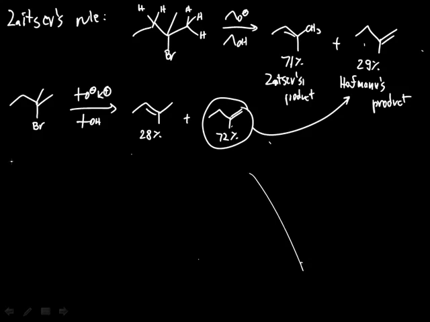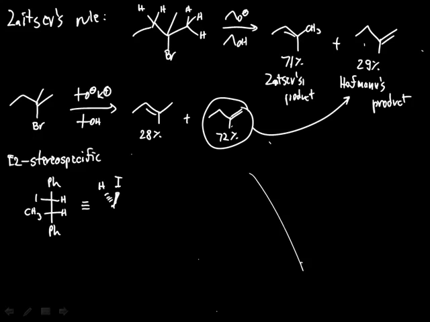As we mentioned, the E2 reaction is stereospecific, which means the stereochemistry of the starting material critically determines the stereochemistry of products. So to illustrate that with an example, here is the structure of a starting material in its Fischer projection, which is nothing more than this in a perspective formula.